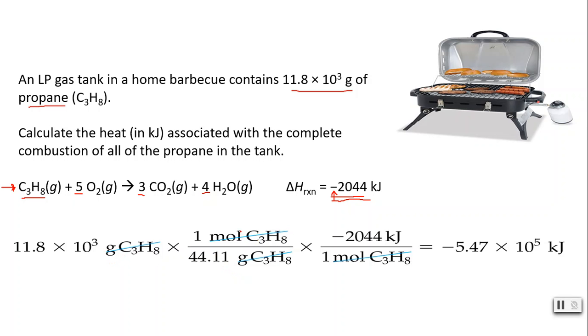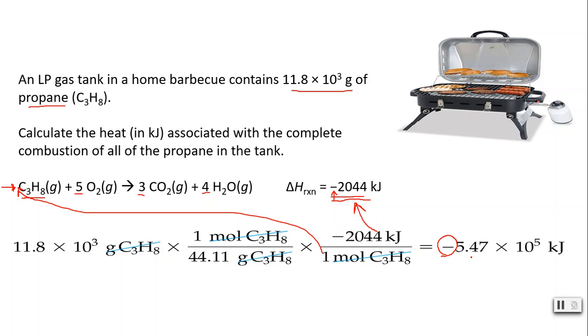I can easily go from moles of propane to heat released by the coefficients of the balanced equation and the heat. For every 1 mole of C3H8, I have that much heat that's released. Setting it up like this gives me an answer in kilojoules. This negative sign just means that the reaction is exothermic.